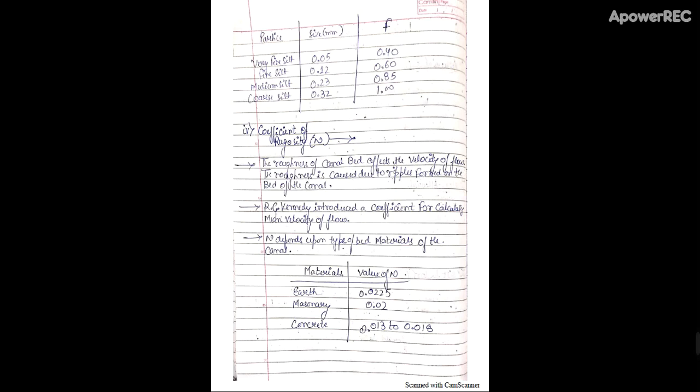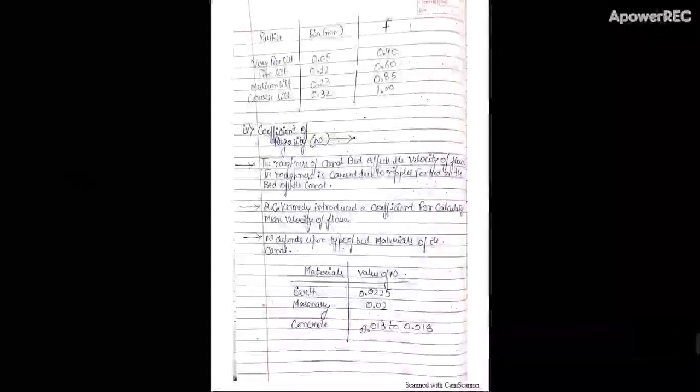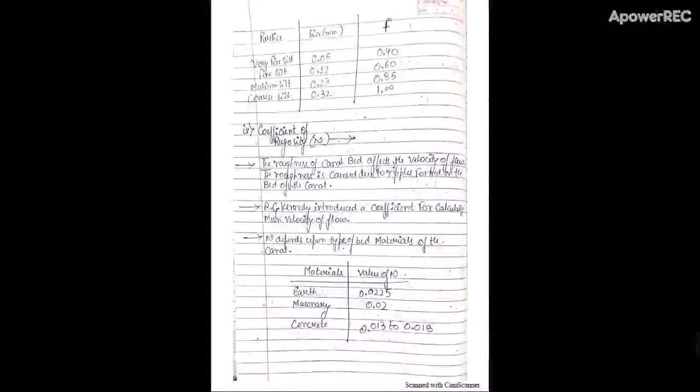Just as we calculated the silt factor on the basis of the size of silt particle deposit, we would be calculating the coefficient of rugosity dependent upon the material that is used in the canal bed.